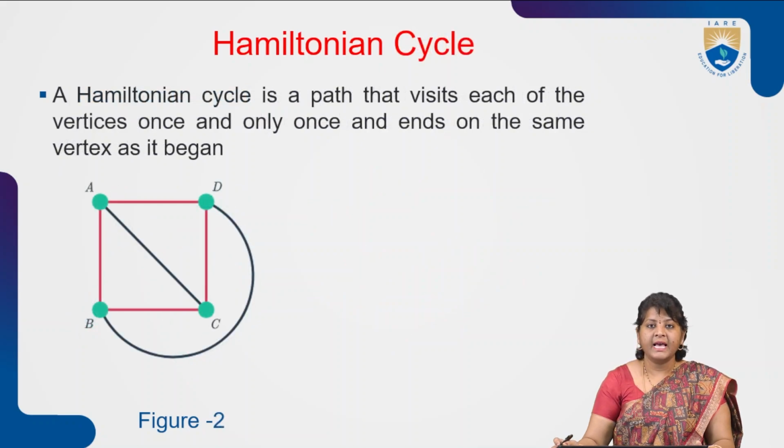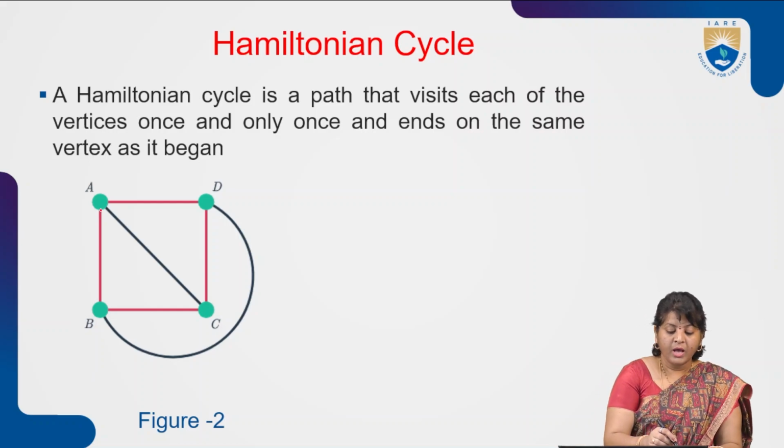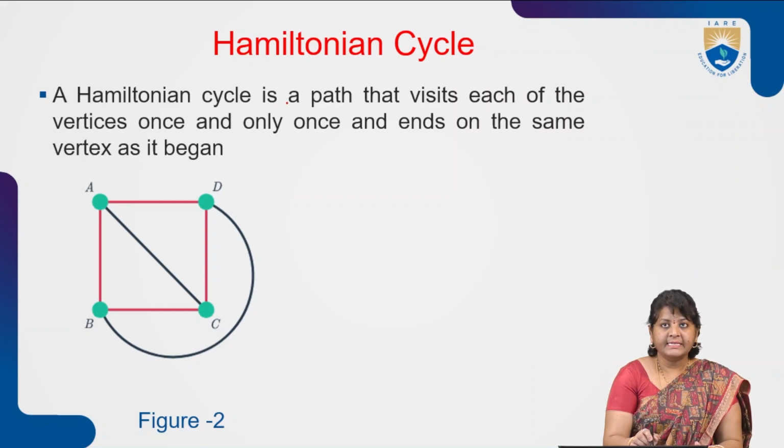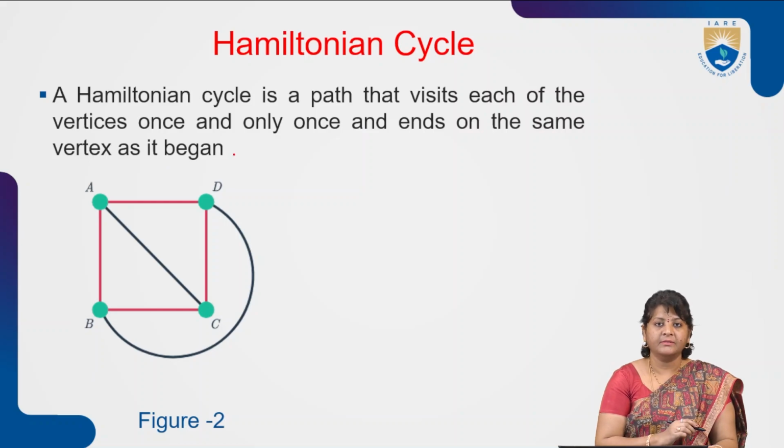And now this is an example for Hamiltonian cycle. A Hamiltonian cycle is a path that visits each of the vertices once and only once and ends on the same vertex as it begins.